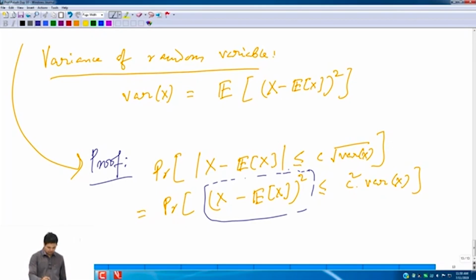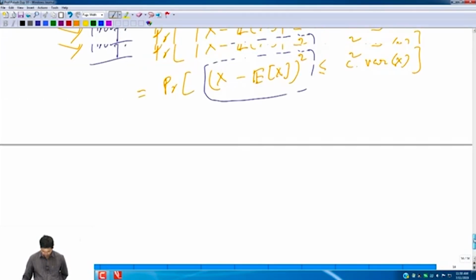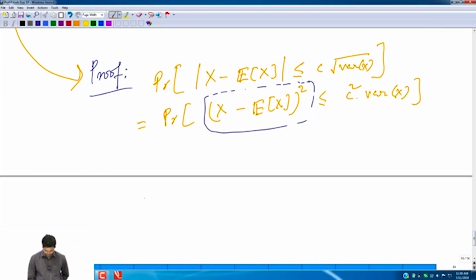And so by applying Markov, what we get is less than equal to, and look at variance is nothing but expectation of this random variable by definition.